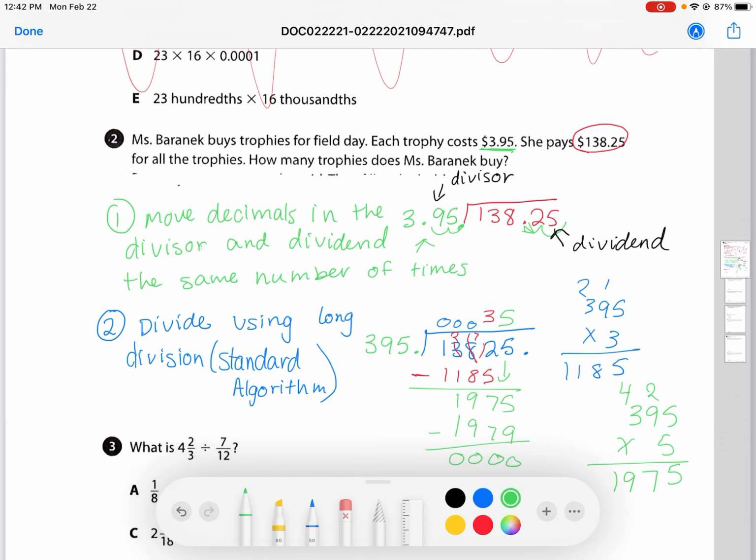So we know that we're done because we ended up with zeros all at the bottom there. So the question said, how many trophies does Miss Baranek buy? She buys 35 trophies is our final answer.